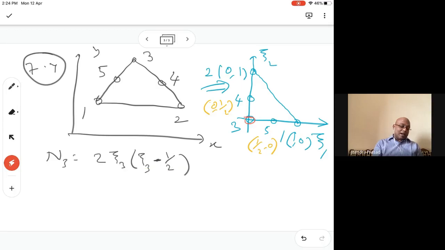Okay, now next, let us say you want to find out this point. When you are going from here to here, what is changing? So this is number 1. So N1, if you want to find it out, then what's going on?